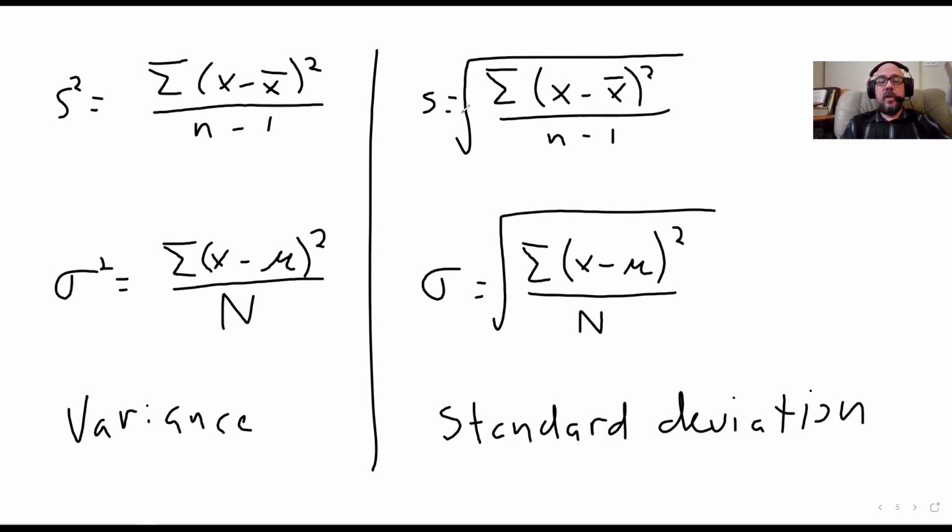The reason we're dividing by a smaller number instead of the actual n is that this number underestimates the number that we want it to be approximating by a factor of, like I said, n over n minus 1. N minus 1 over n? No, by a factor of n over n minus 1. That's how much it underestimates it by. And so we divide by n minus 1 rather than n.